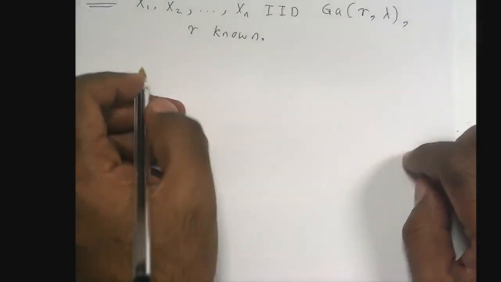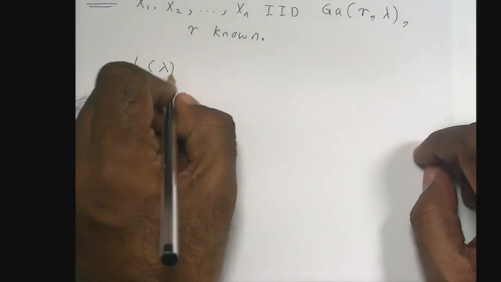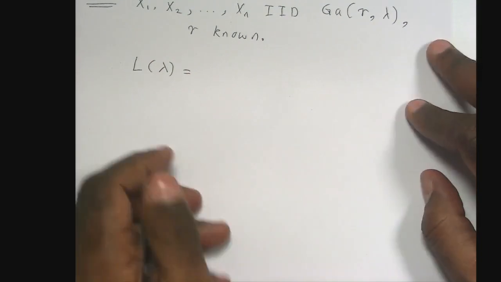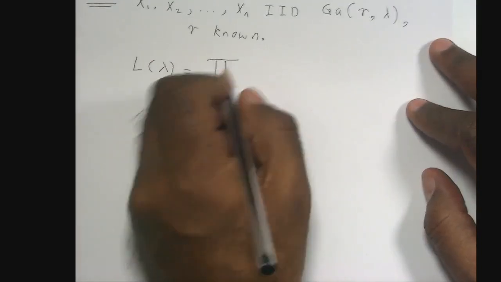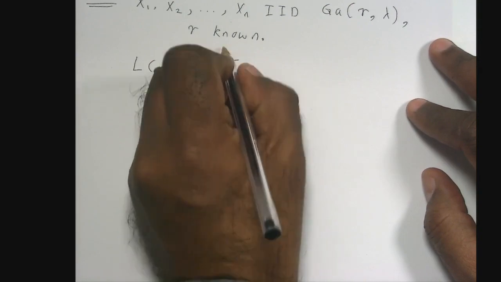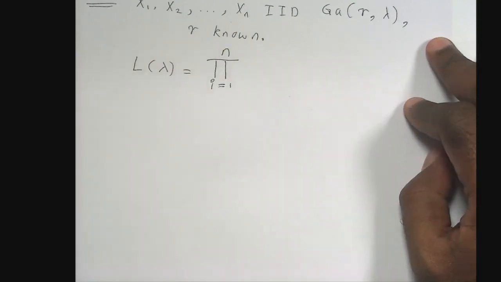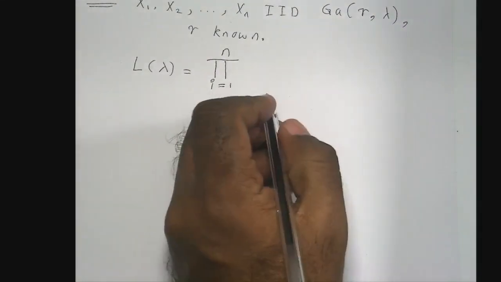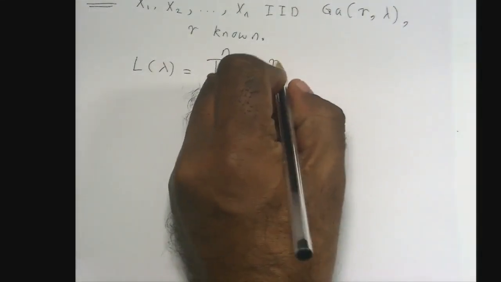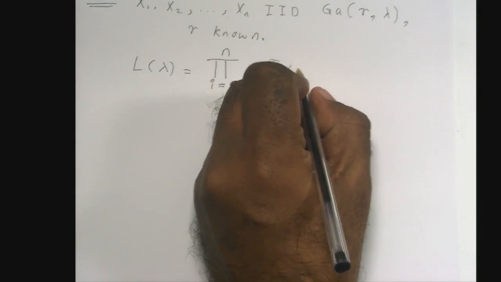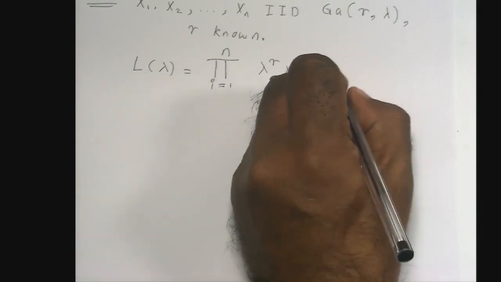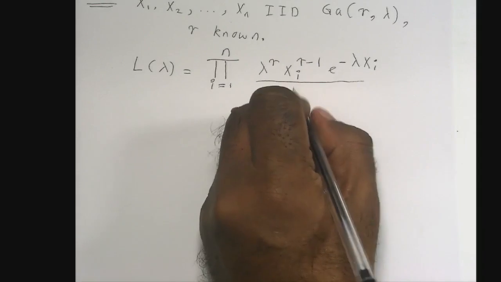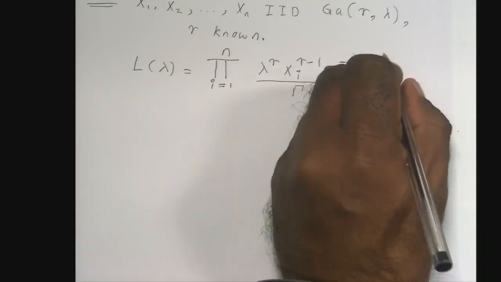The first thing to do is to write down the likelihood for lambda, because lambda is the only parameter. That would be the product of the density function, which is lambda power r and so on.